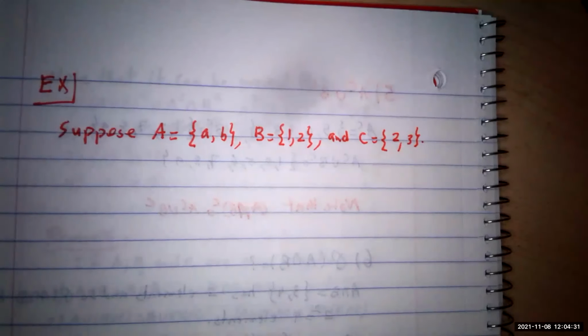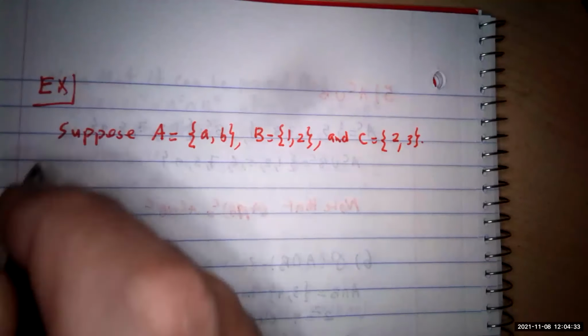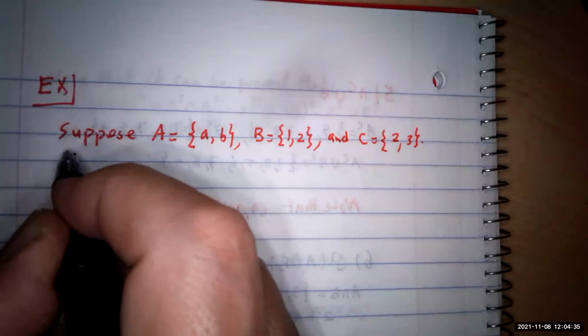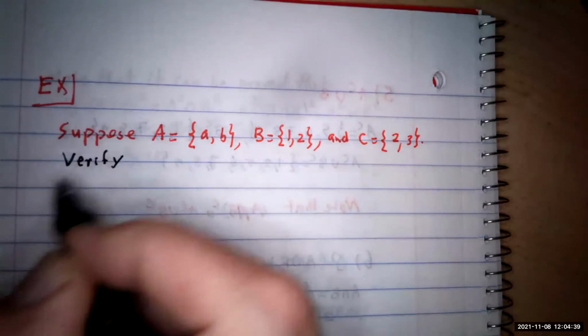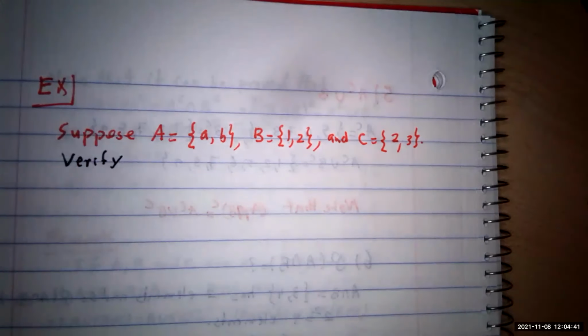This is 3 sets. Now, I just want to remind you, if I give you this type of question, you know what you are going to do. I want you to verify, and verify and proof are 2 different things.